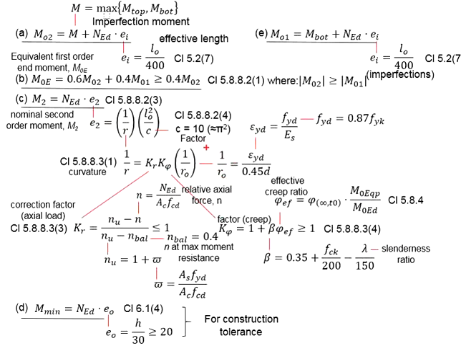It is given in the equations epsilon yd divided by 0.45d. The design yield strain will be calculated from the design yield stress divided by the modulus of elasticity of the steel. fyd is determined as 0.87 fyk, considering the partial factor of safety for the steel material.